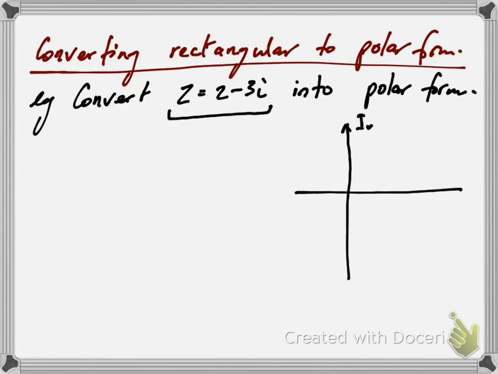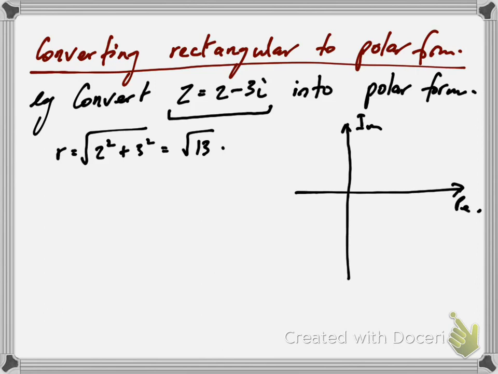That's your imaginary, that's your real, and then start finding values and plot it so you can have a visual. So the modulus r will be the square root of 2 squared plus 3 squared, which will give you 4 plus 9, which is square root of 13.